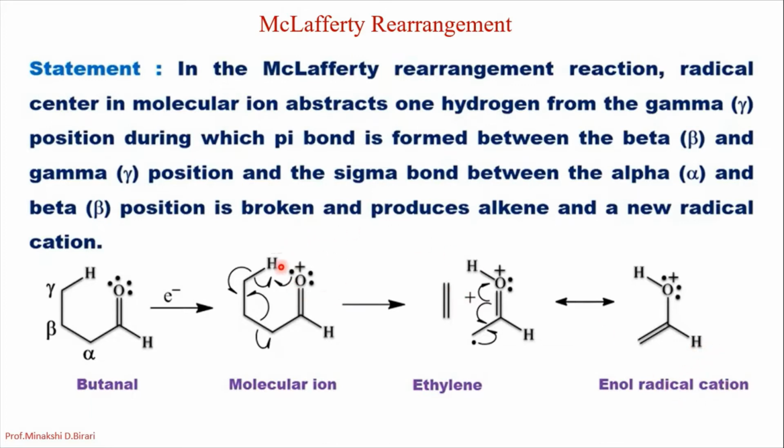There is a formation of a six-membered transition state and the transfer of gamma hydrogen. It involves the cleavage of the alpha-beta bond followed by transfer of a gamma hydrogen atom. And in the McLafferty rearrangement, the elimination of a neutral molecule occurs.